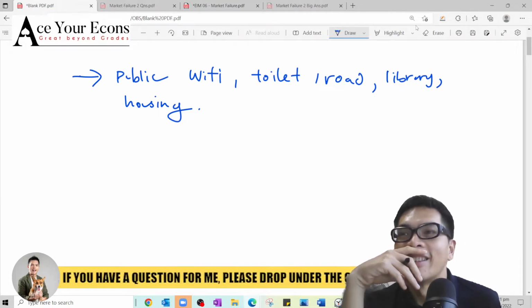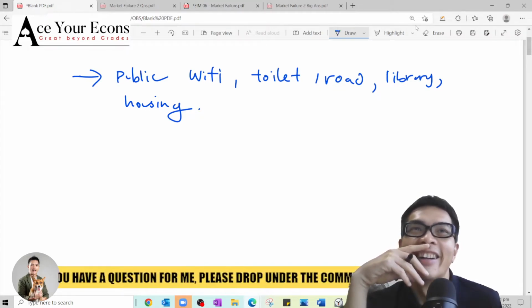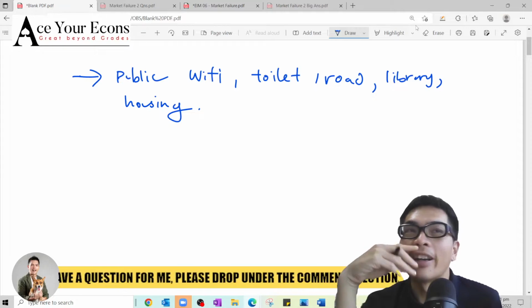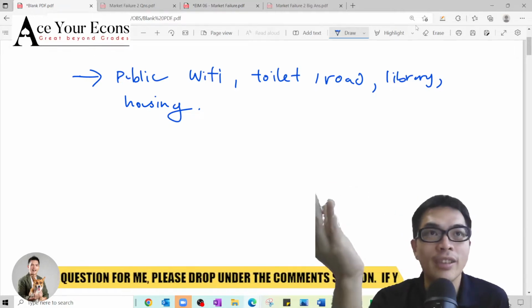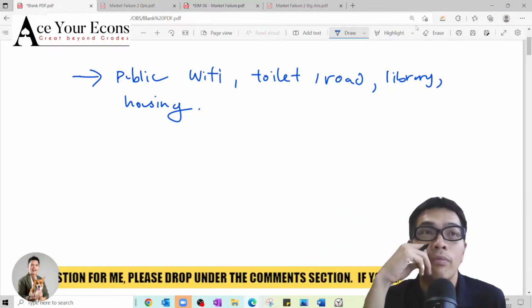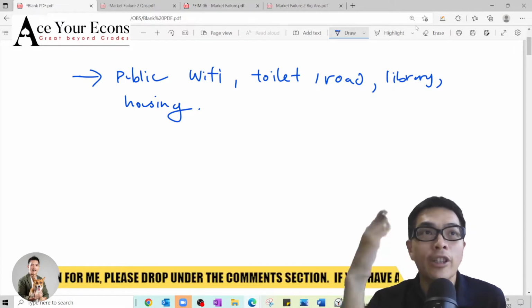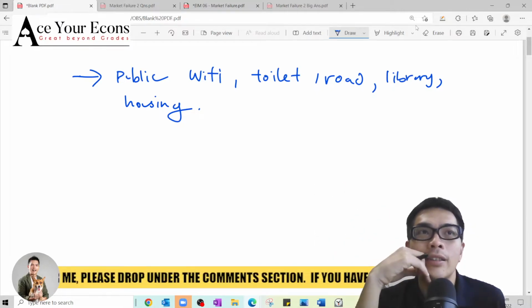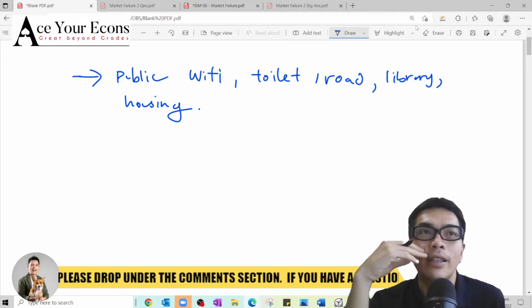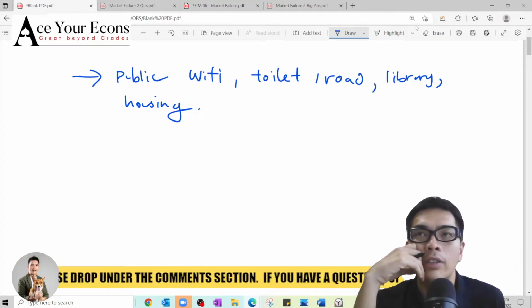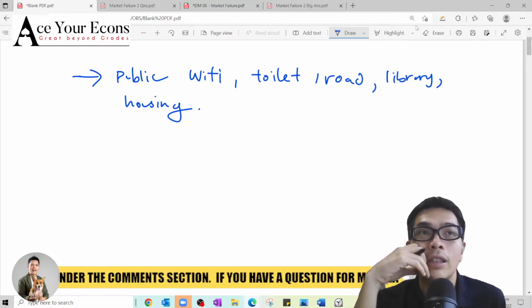When the cubicles are being used, it deprives others from using them. Agree? Especially the ladies, y'all can attest to that, right? Every time after the cinema, you realize that there's a long queue for the toilet for the ladies. So it's definitely rivalrous in nature.